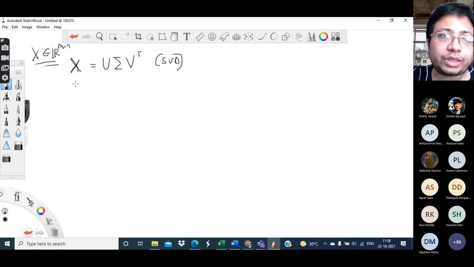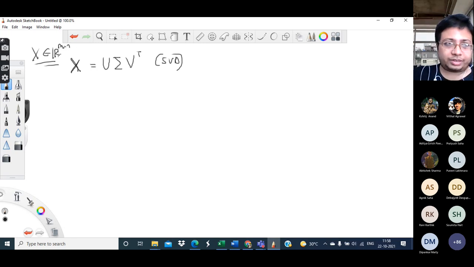Obviously we know that if it's not a square matrix, then I will not be able to find its inverse. In general we have not assumed that this is a square matrix, so there is no reason to think that an inverse of this matrix exists. But still I may be interested to find what is called a pseudo inverse of X.